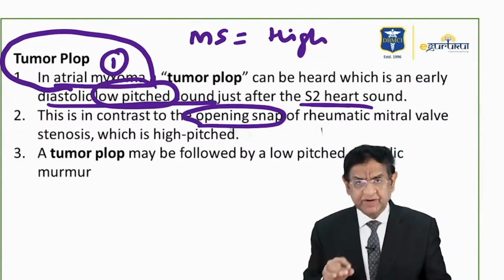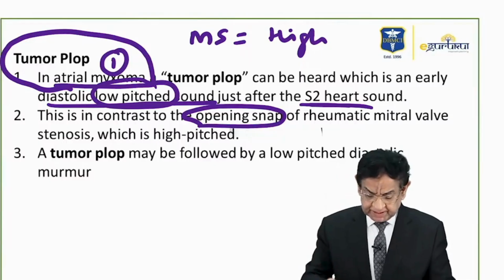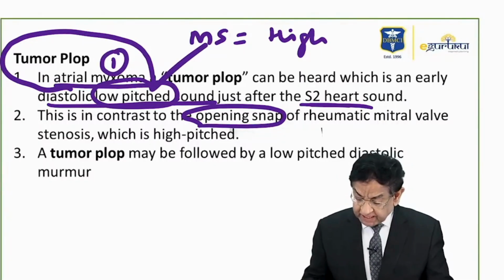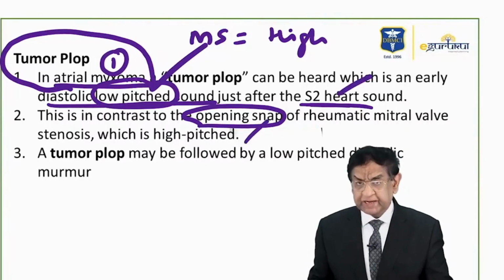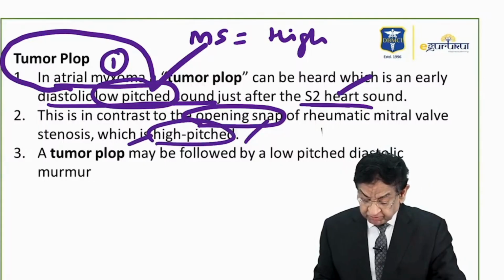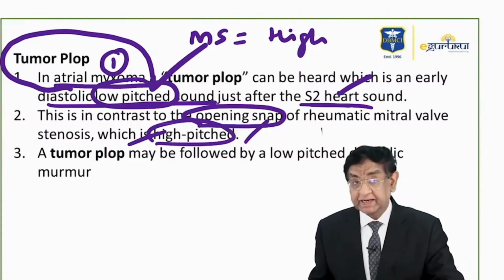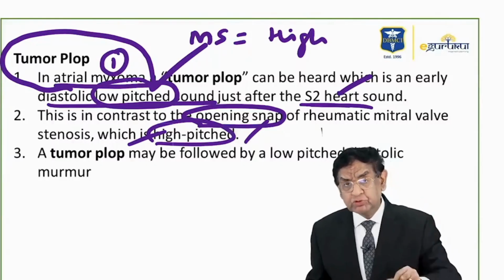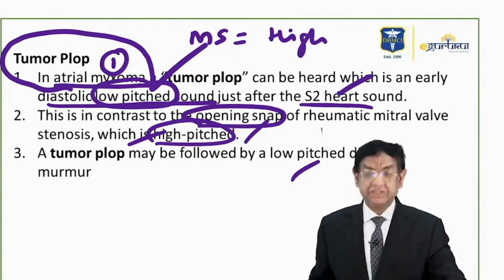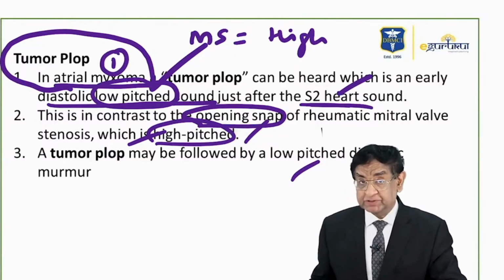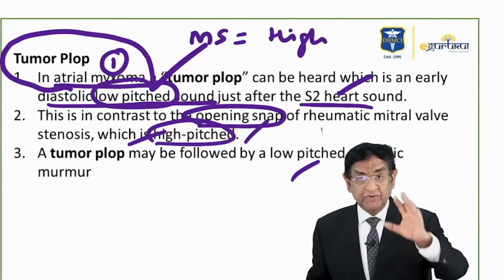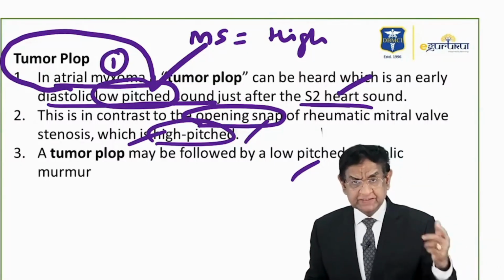But as of now, tumor plop is heard in atrial myxoma. It is a low pitch sound, comes after S2, resembles the opening snap, but the opening snap is a high pitch sound. It can also be followed by a low pitch diastolic murmur, just like mitral stenosis. In fact, it's a very important differential diagnosis for mitral stenosis.